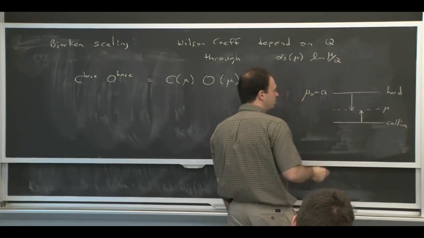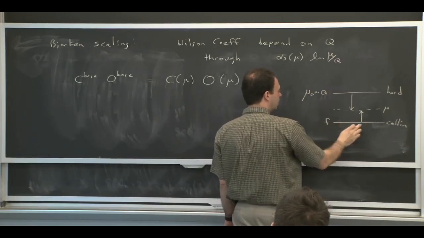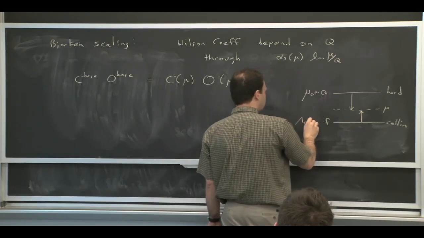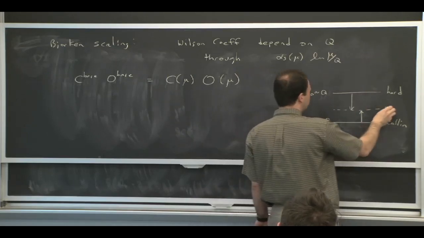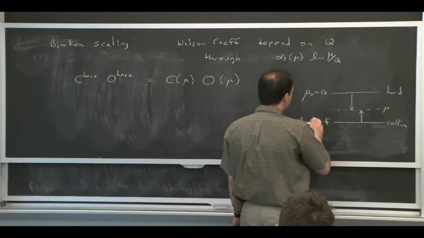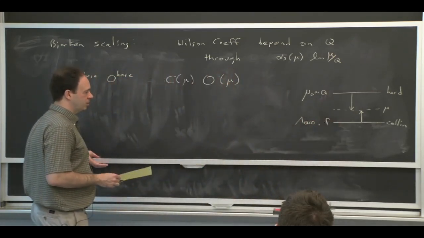So you could run the PDFs, which are sitting here at the collinear scale, which is lambda QCD. You could think of evolving them up to some scale and evolving the Wilson coefficients down and meeting somewhere. Okay. And so, yeah, it's just really a sort of classic running and matching picture.